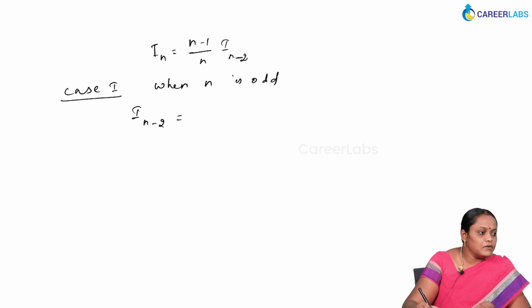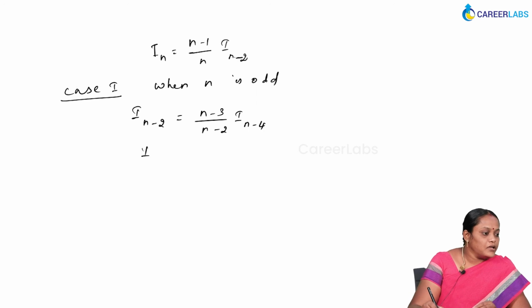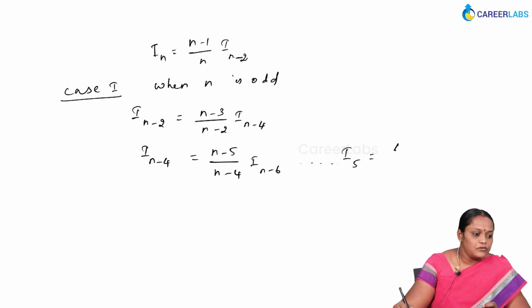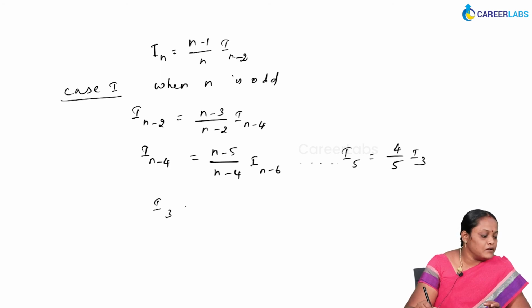This will be equivalent to n minus 3 by n minus 2 I n minus 4. I n minus 4 will be equivalent to n minus 5 by n minus 4 I n minus 6. If we go on like this, we can find the value of I5 as 4 by 5 I3, and I3 will be equivalent to 2 by 3 I1.